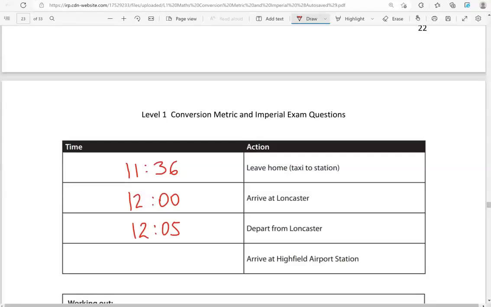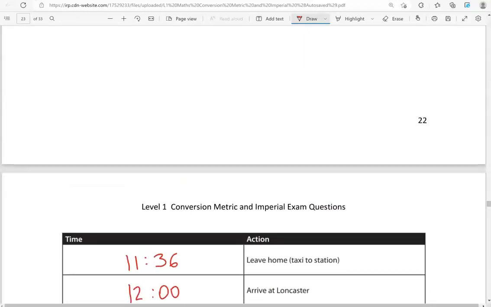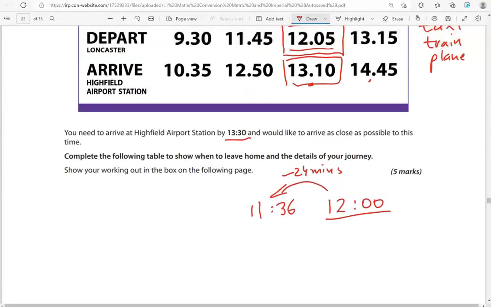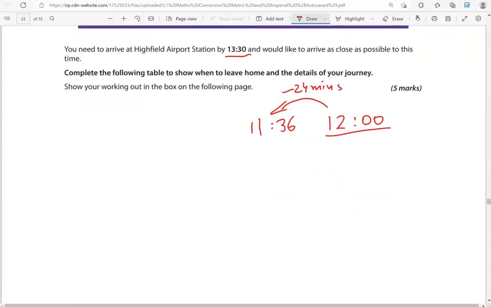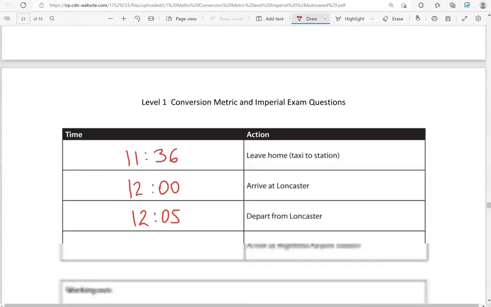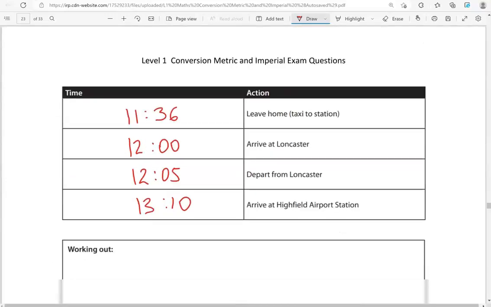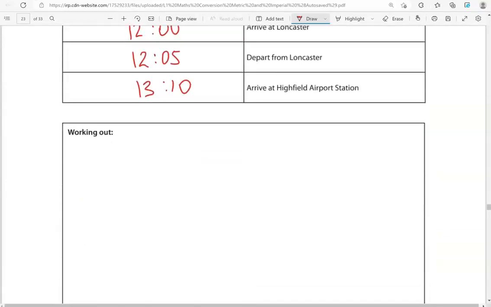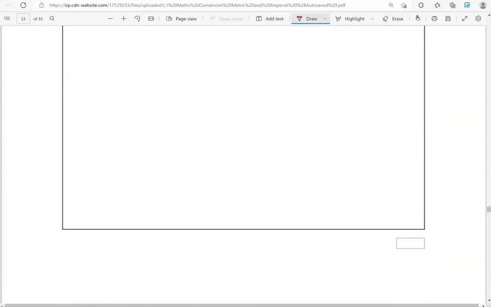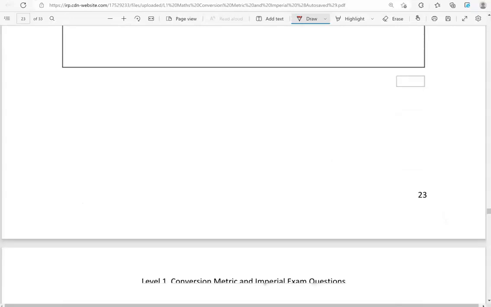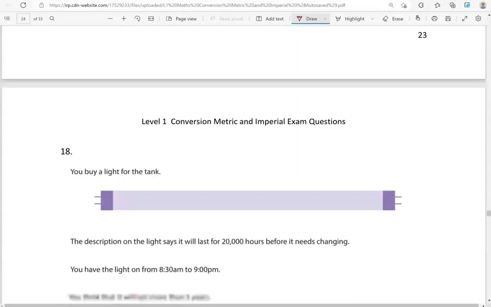Arrive at Highfield Airport Station, that is 13:10. Now you've got the space here for working out, which I've done on the front page because I just didn't want to move up and down and I wanted to focus on the calculations.